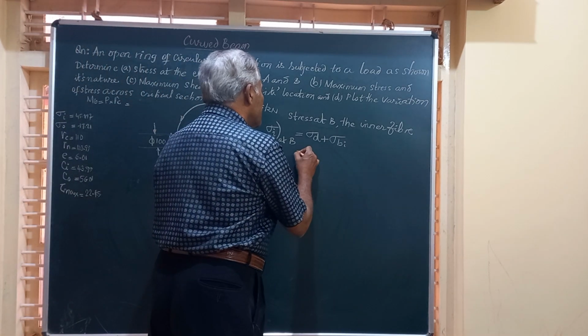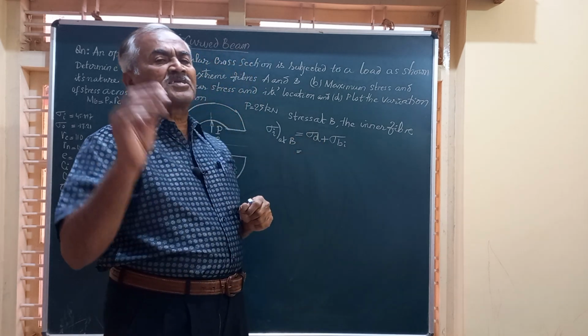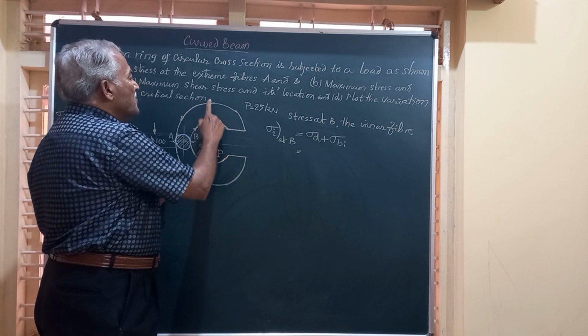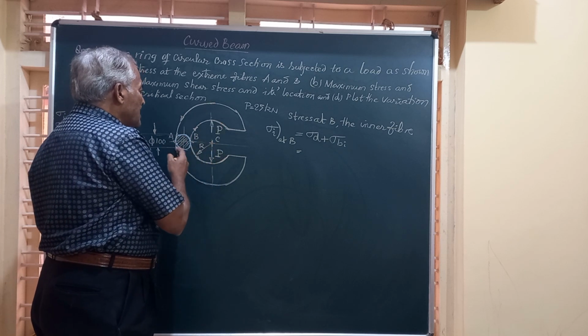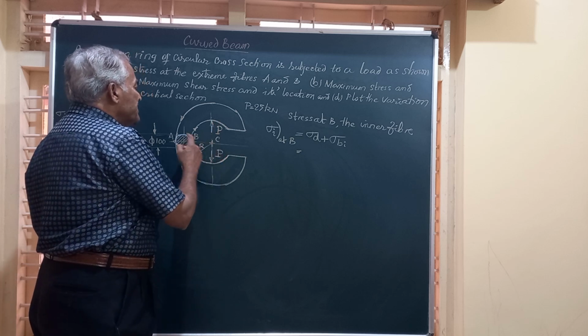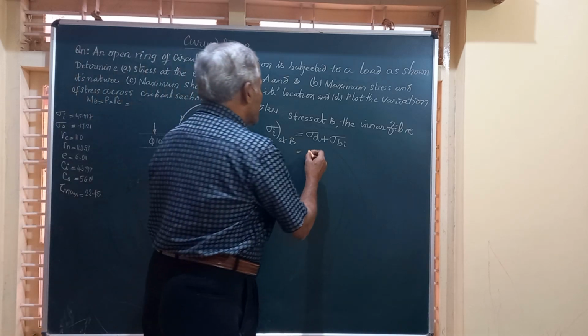And friends, this sigma D is the direct stress. In this case, this load P causes at this critical section a stress equal to P divided by area of cross section.